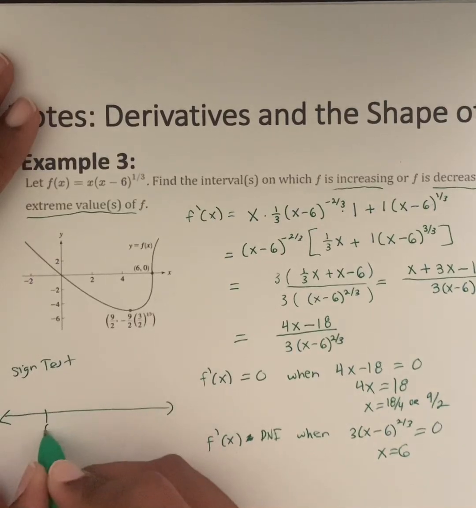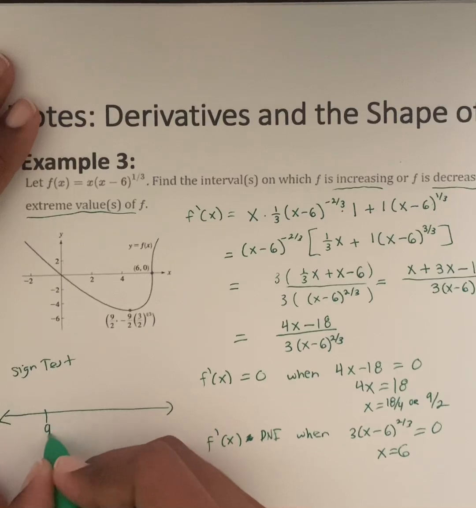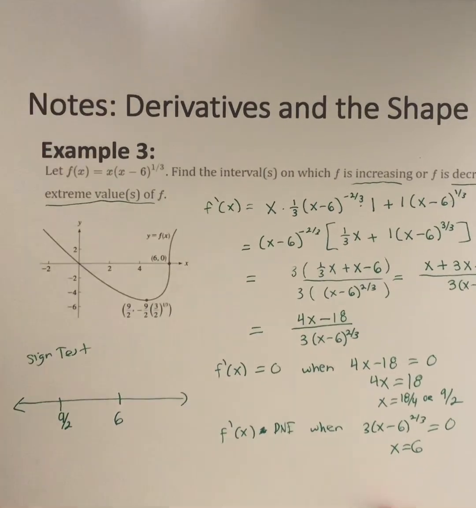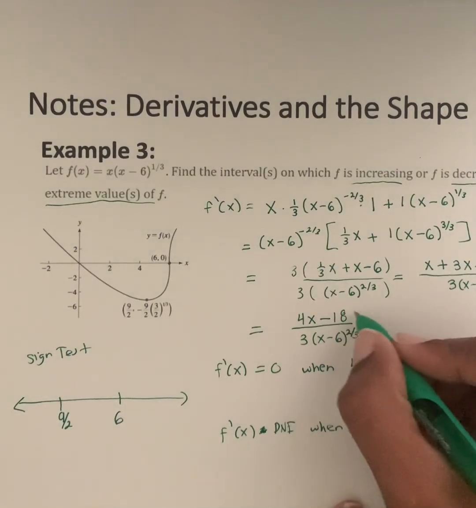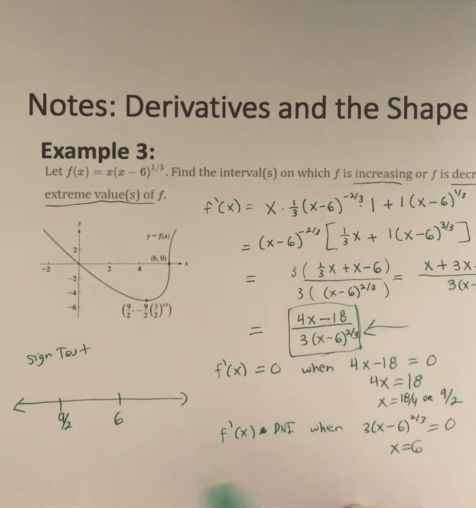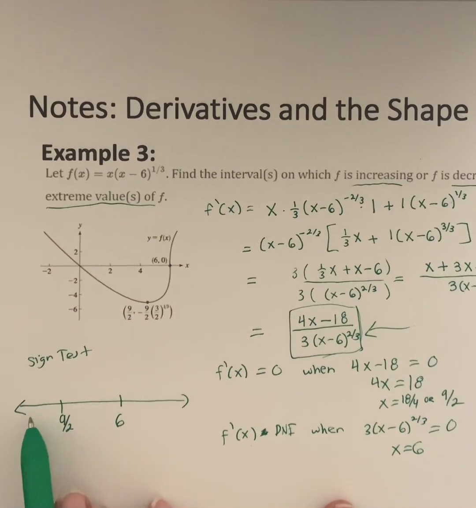So we will mark 9/2, which is 4.5, and 6. Remember, we are sign testing the derivative, so this expression here is going to get sign tested. We're going to plug in a number less than 9/2. How about 0?